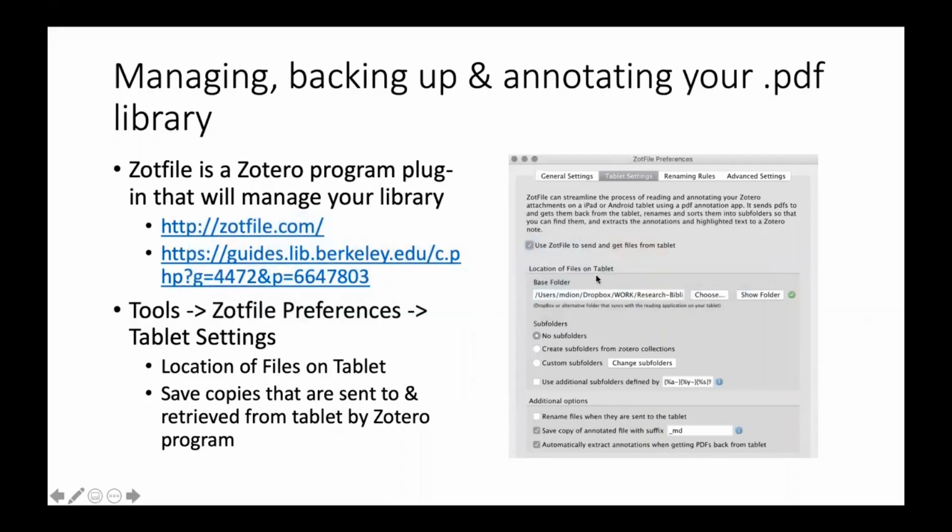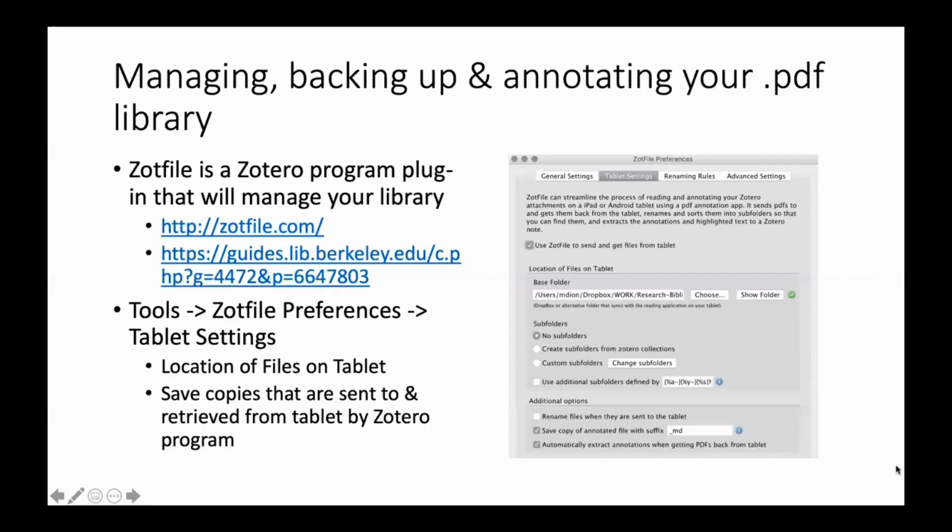So the idea here in this part of Zotfile and what it can do for you is you set this designated place, that's my to-read or my iPad folder. And what you can do is set these things up so that when you use Zotfile and Zotero to, quote, send files to your tablet, you then open the things on your tablet or even on your desktop and do some annotations in Acrobat or Skim or whatever software you use to read PDFs, and then you save it into that special folder for the tablet or your to-read folder.